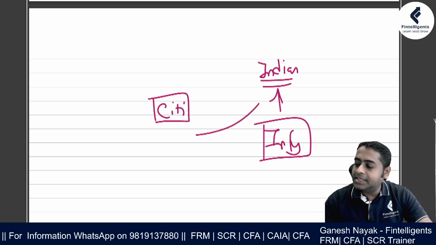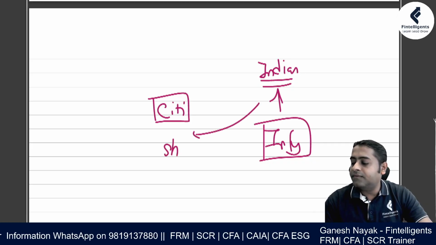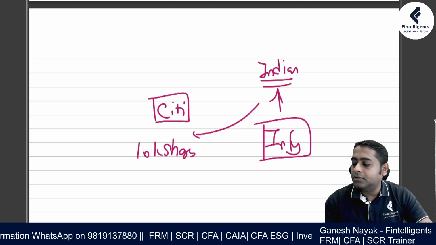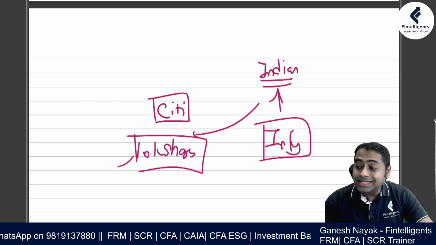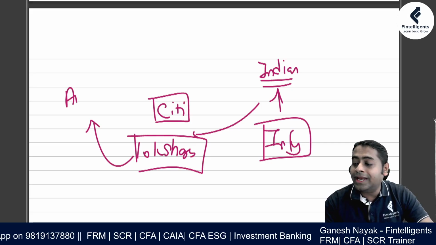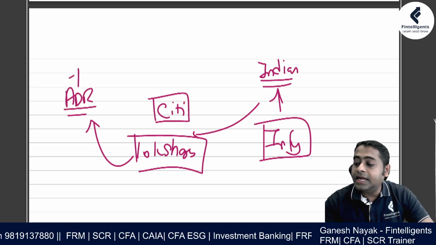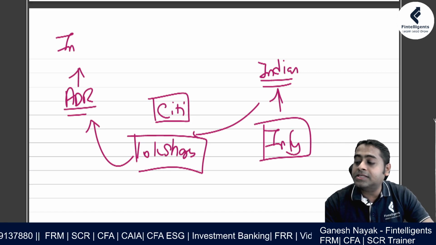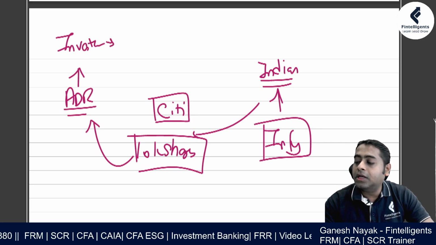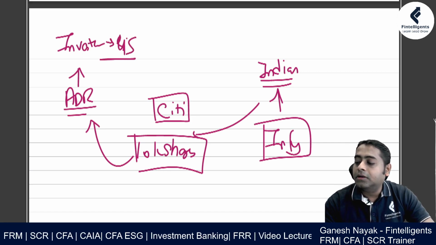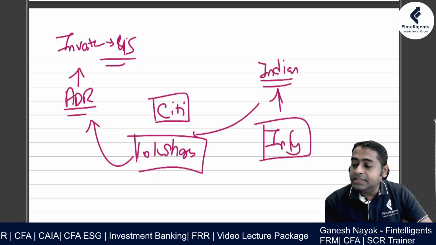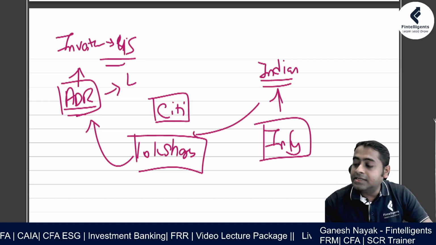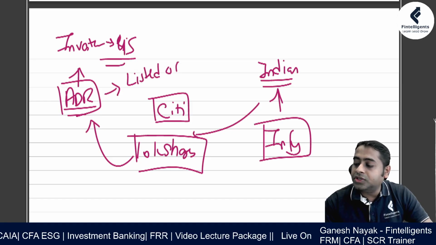So they will buy some shares, say for example 10,000 shares from Infosys. On these 10,000 shares they will issue an ADR, and this ADR is issued to investors in the US. That is what is called American Depository Receipt, and this ADR is then listed on their exchange.